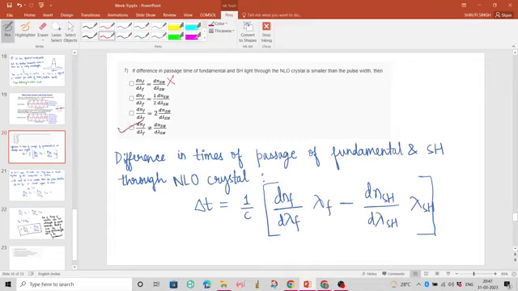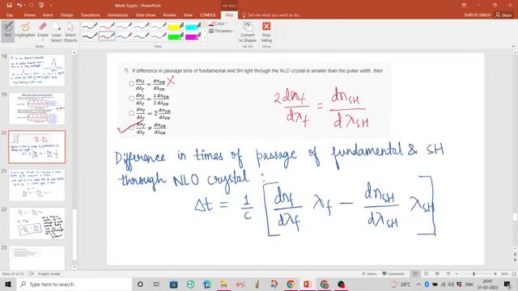It is unequal. And now we have to see the factor. We got the expression 2 dnf by d lambda f is equal to dnsh by d lambda sh.